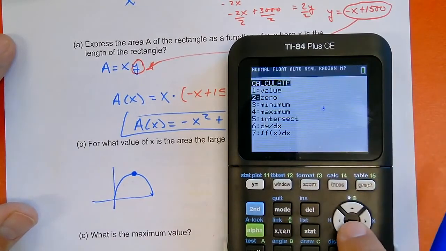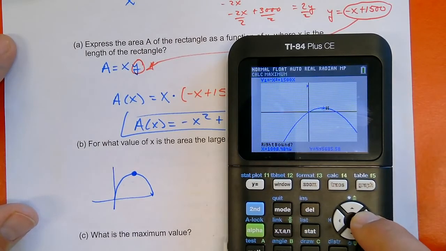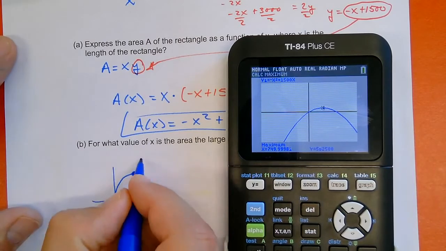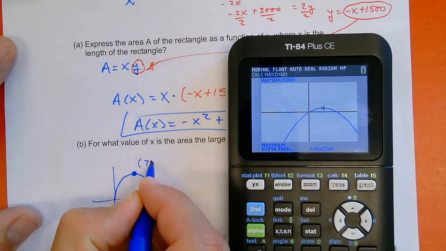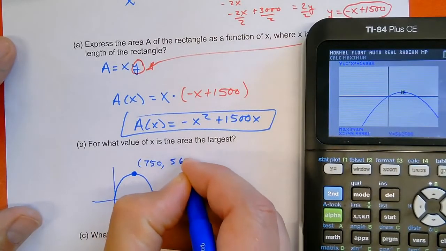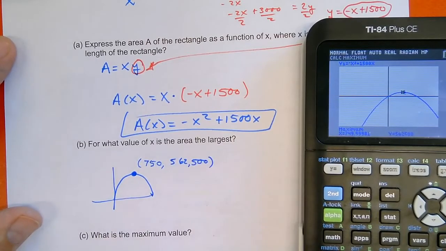Again, 2nd Trace, maximum. Left bound, get to the left. Right bound, get to the right. Press enter, and there we go. Again, go ahead and round that value. I've got 750, comma, 562,500 for y.